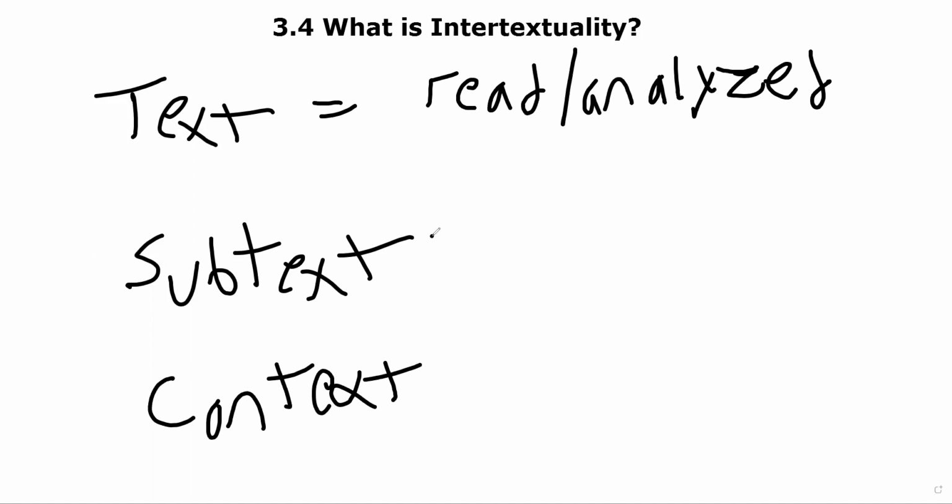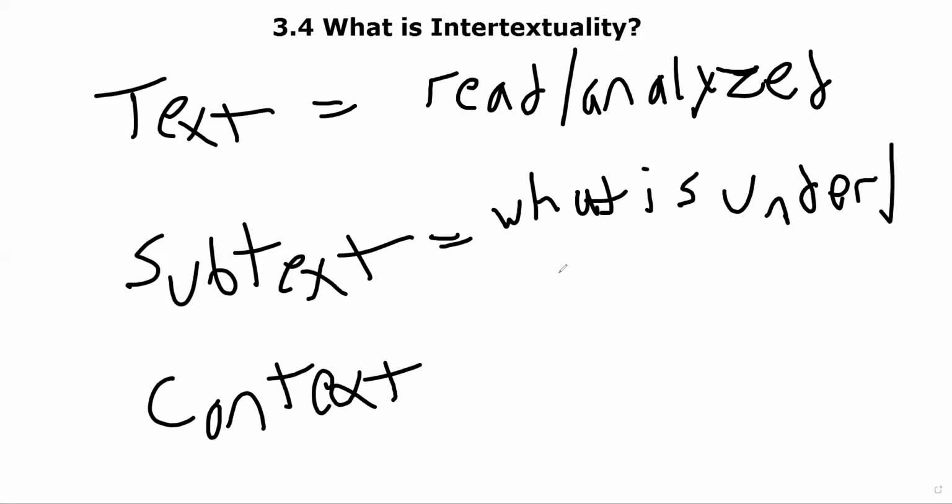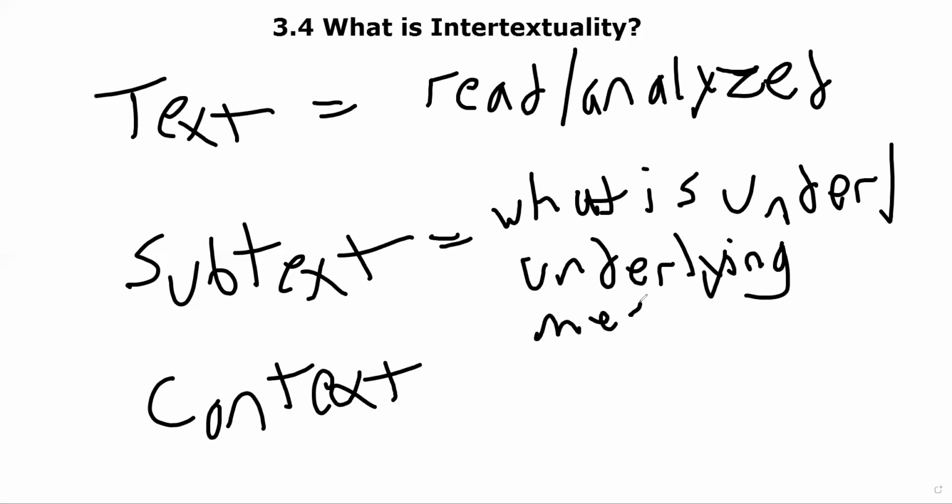Subtext is what is underneath the surface of the text. And we can think of this as the underlying message or implicit meaning. Recall that implicit refers to something that is not communicated directly, whereas explicit is something that is communicated directly.